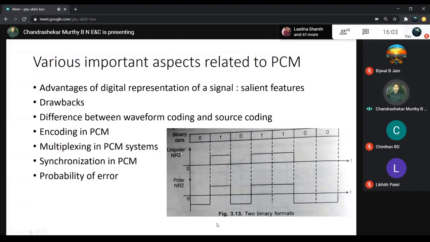There are several types, which will be discussed in the next chapter. These are two types: unipolar NRZ, that is non-return to zero, and polar NRZ.